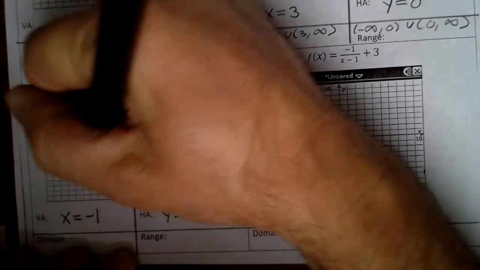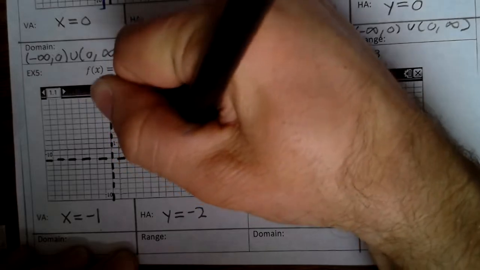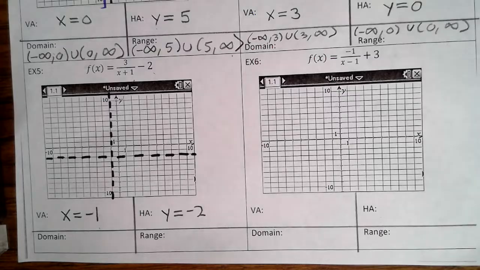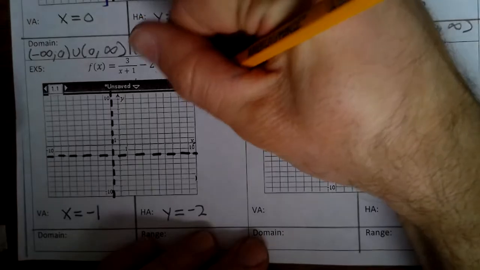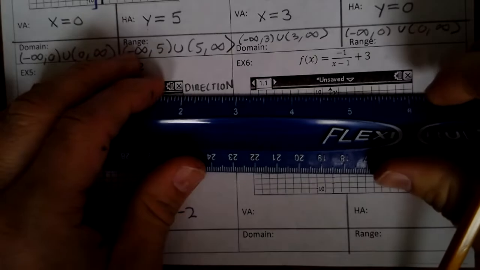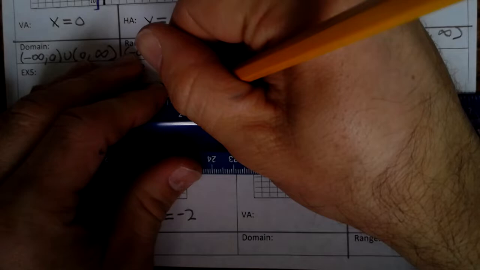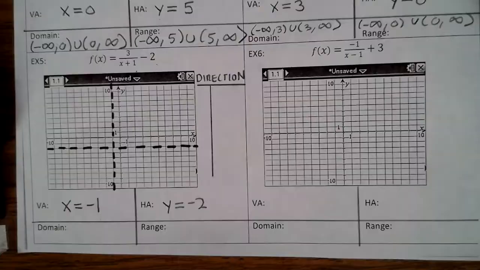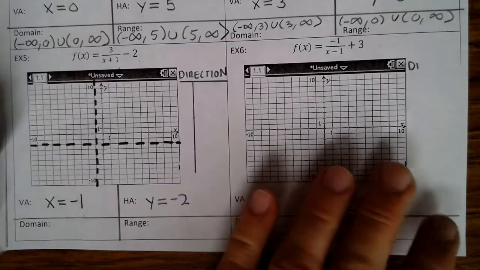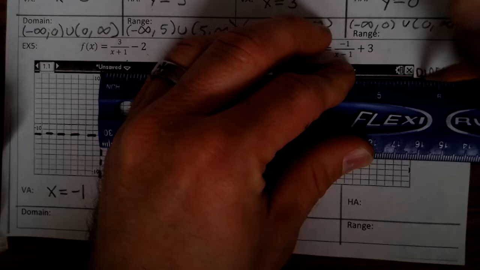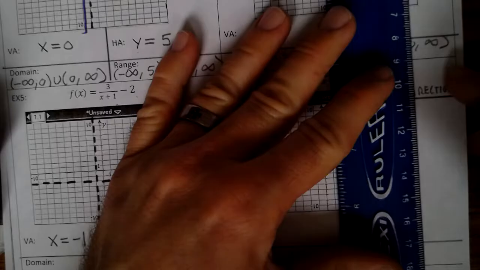Okay, we're going to graph by direction. And let's go and add direction to that one while we're thinking about it. All right, now we know our directions are -1, -1, 1, 1.